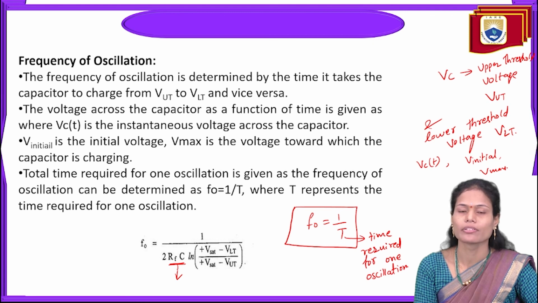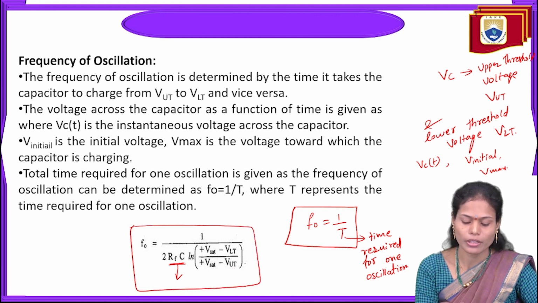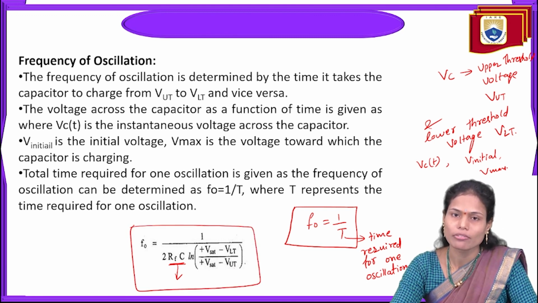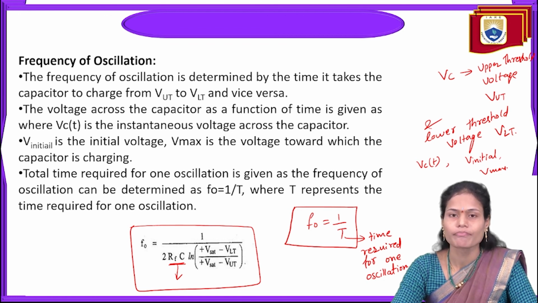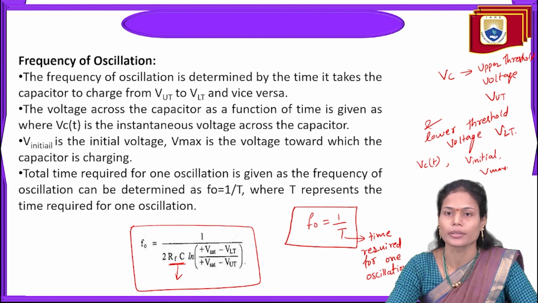These determine the frequency of oscillation, and the ratio of plus Vsat minus VLT is the output voltage minus the capacitor voltage, divided by the output voltage minus the capacitor discharging voltage here. VLT is the lower threshold voltage and VUT is the upper threshold voltage. By using this formula, we can determine the frequency of the generated output signal, that is the frequency of the square wave signal.